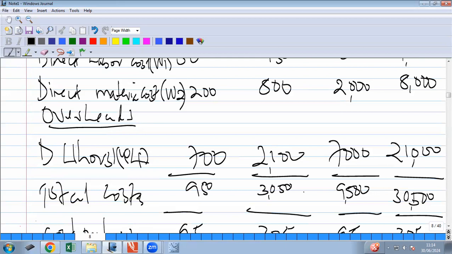We are looking at only the overheads, don't look at any other aspect. Here we had 10 units in product A, 10 units in product B, and 100, 100 in product C. You realize that even in product B and product C, they have the same cost. That means it's not differentiating in terms of volumes. But for ABC, it is clear: where there are higher units, it gives higher cost.